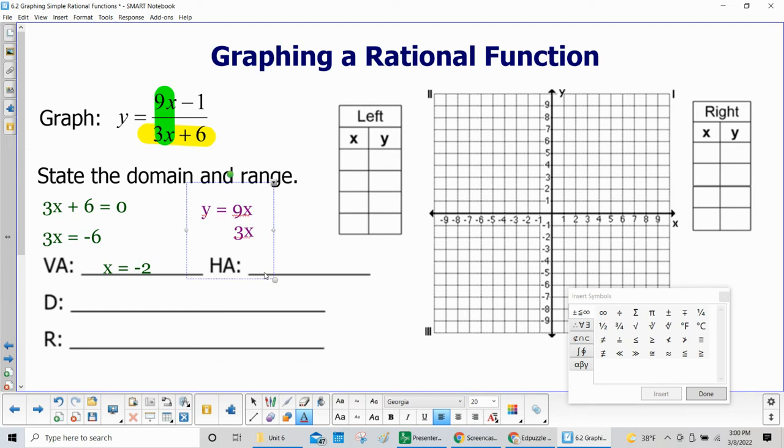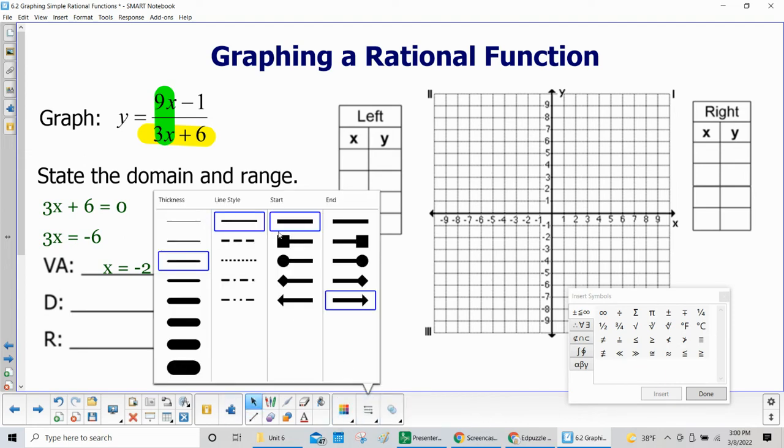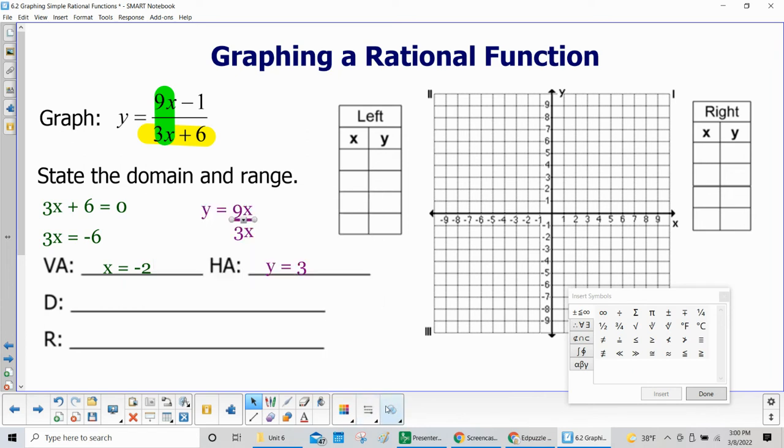If I wanted to have that as a vertical asymptote, that would make this just a horizontal asymptote, my bad. That would make that just y equals 3. So nothing terrible. It's just a nice little division. There's an arrow, it's fine. It's all good. There we go. So there's my asymptotes from there.